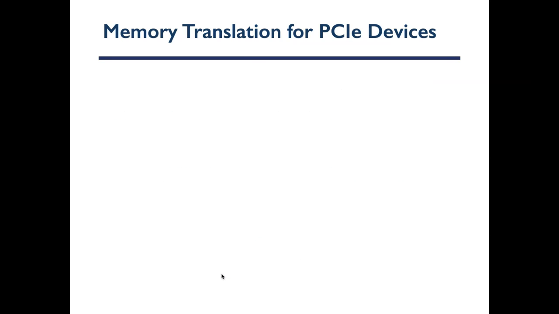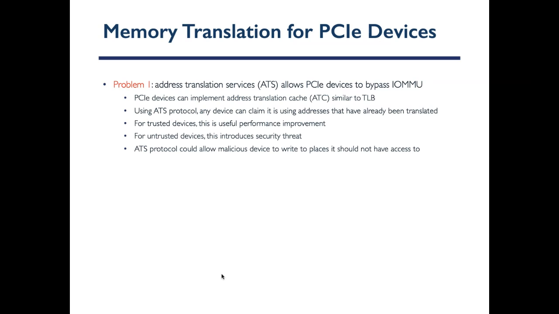Now things get a little bit complicated when you're concerned with PCIe devices when you want to do memory translation, and that comes from the way that the PCIe packets are handled.